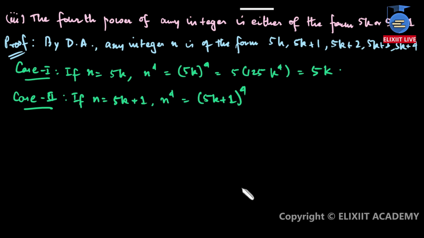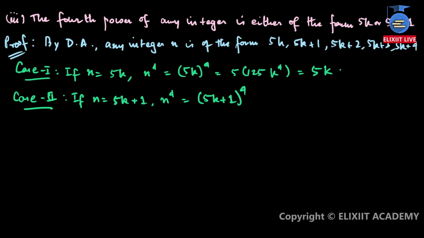Maybe by Pascal's triangle, the coefficients and all the general logic, or just simply put the main binomial formula for a plus b whole to the power 4. Definitely, you will see that in 5k plus 1 whole to the power 4, some sort of terms involving multiples of 5 will get generated.